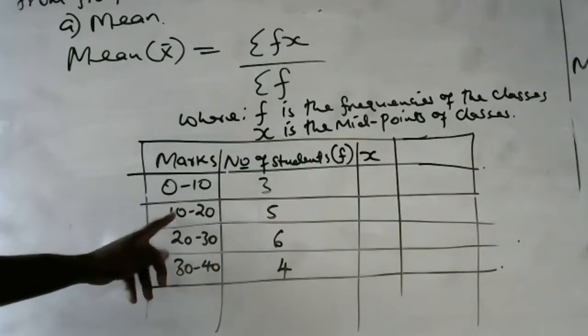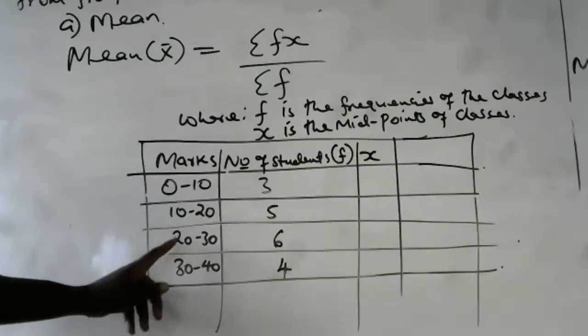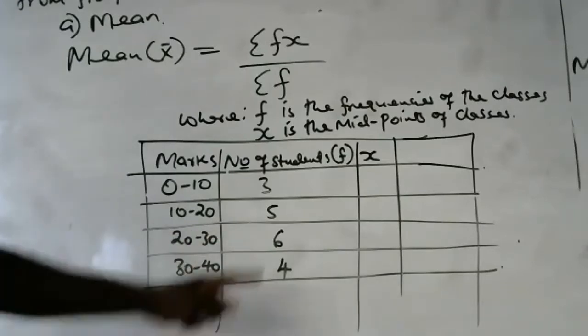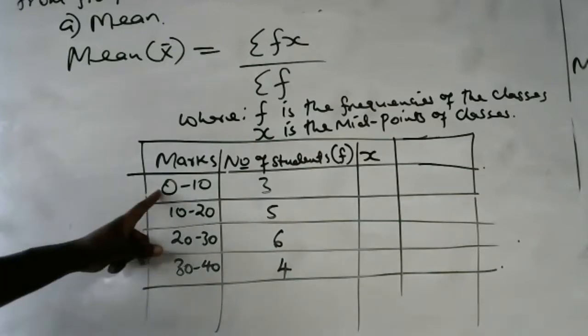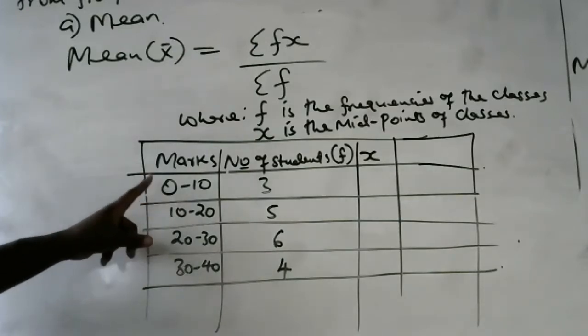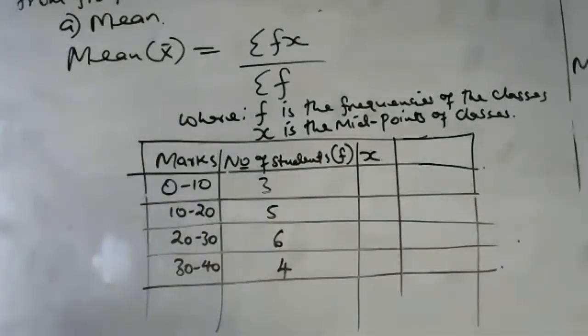Those who scored any value between 10 and 20, they were 5. Those who scored between 20 and 30, they were 6. And 30 to 40, they were 4. So these are the classes, and that's why it is known as grouped data.